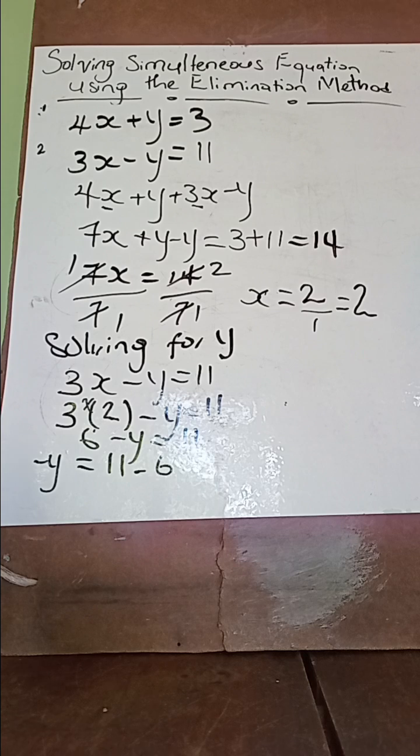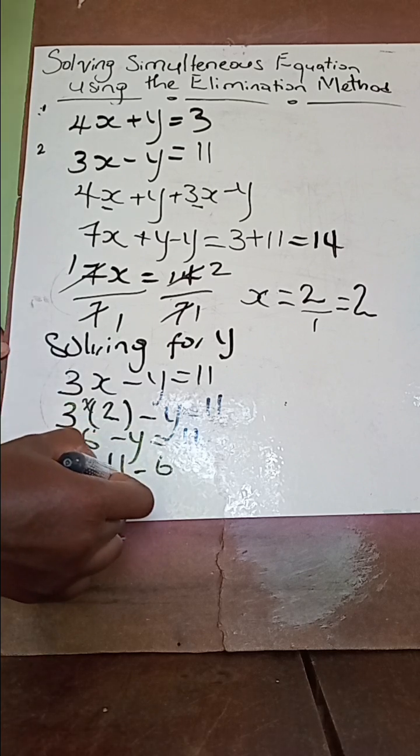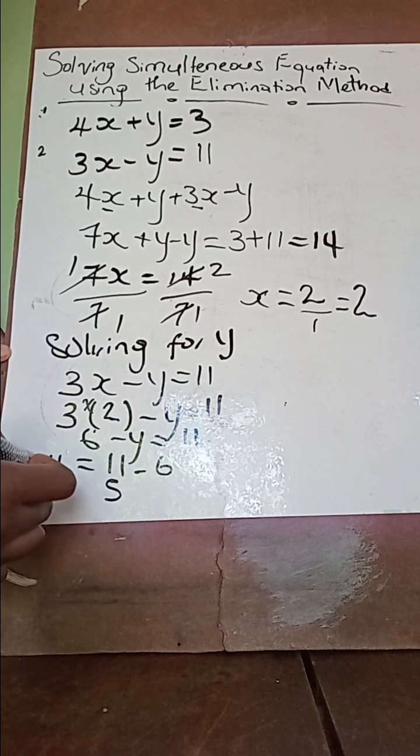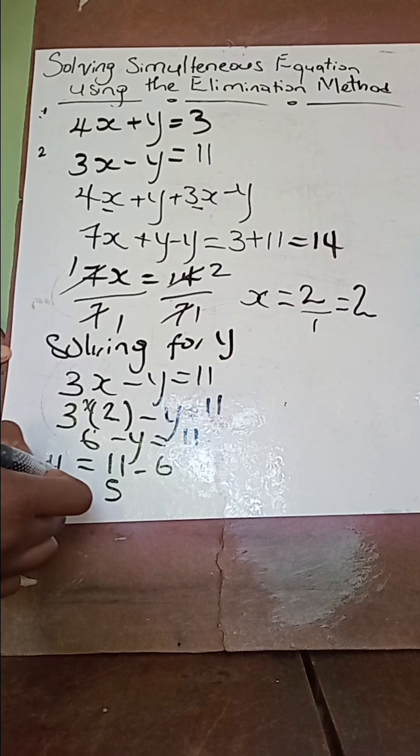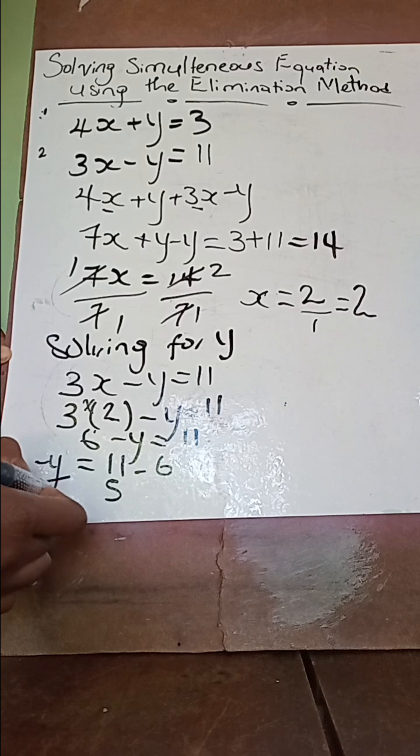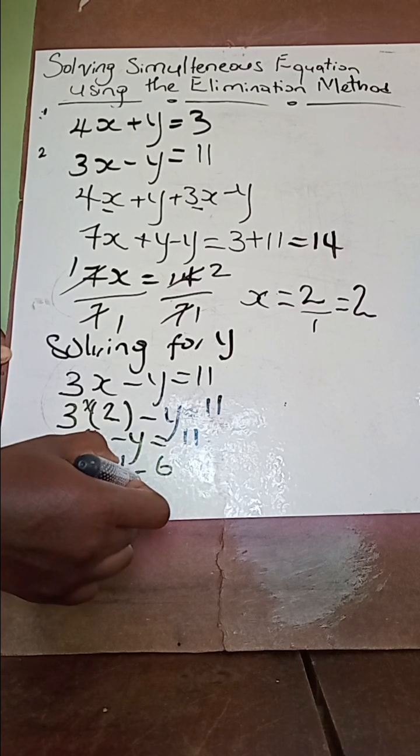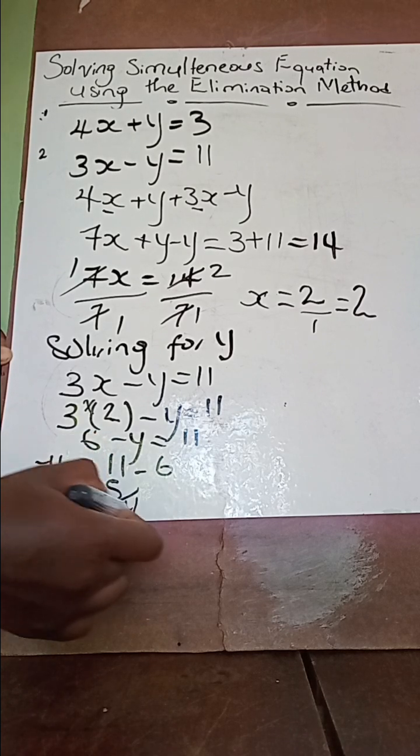So here we know that 11 minus 6 gives us 5. And this is a negative y, right? This is a negative y. So we're going to write negative y divided by a negative y.